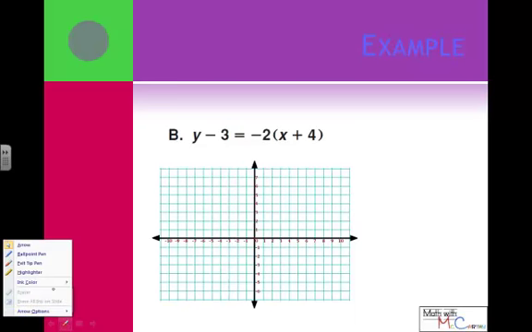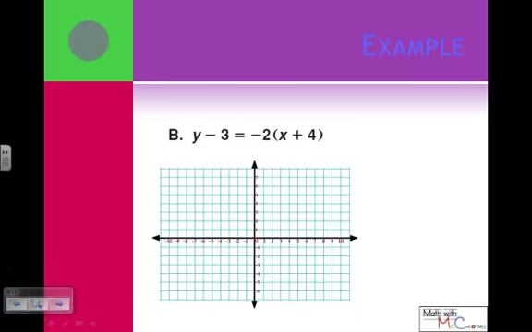Now here's another one. This one is in point-slope form, so we've got to take a look at what the slope is. The slope is negative 2. And this would be x minus a negative 4, so x1 is negative 4, and y1 is 3. So we've got the point negative 4, 3, and the slope is negative 2, down 2 over 1.